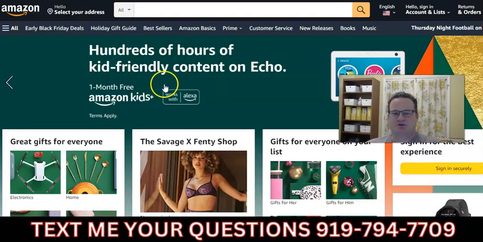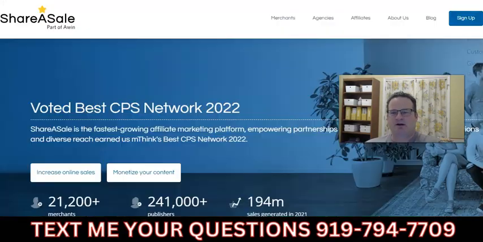Now, that's true also of Amazon. Once you're approved, then you can pretty much promote anything. But other platforms like ShareASale and Commission Junction and other similar ones, you can create a free account here. That is fairly easy, although sometimes it's actually a little challenge to even get approved, because they may want to see websites or social media accounts or things like that.